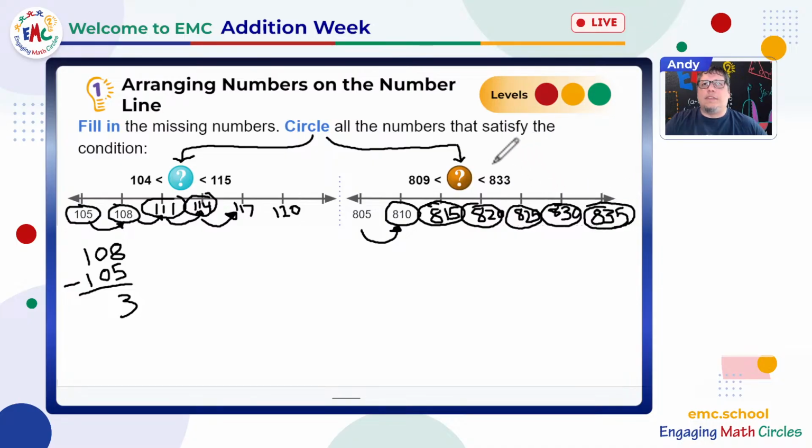Wait, is 835 less than 833? If not, we got to undo it.